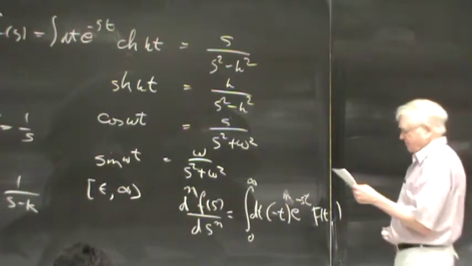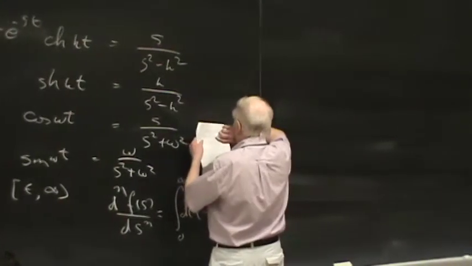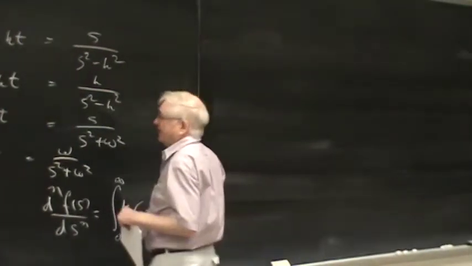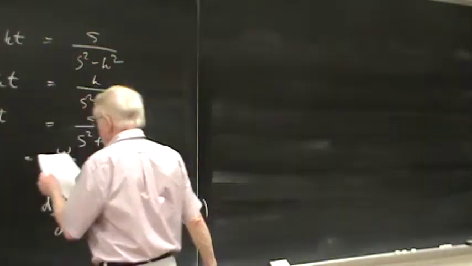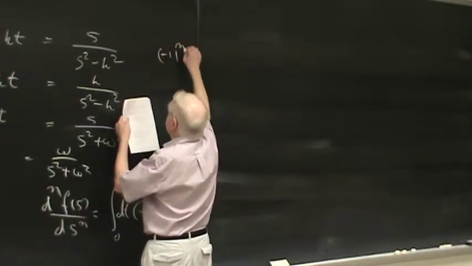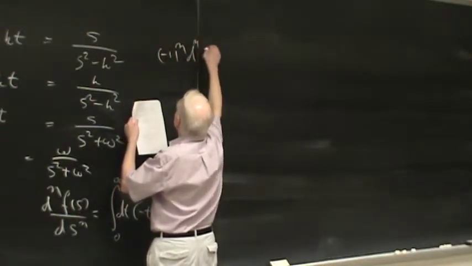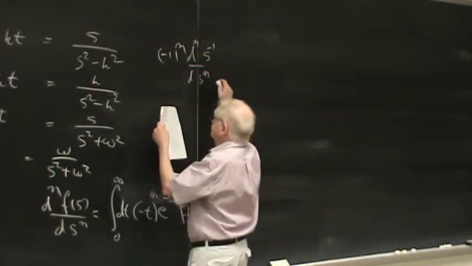So as an example, we can look at the function, this case that you were talking about, and we can say minus 1 to the n, d^n of s inverse over ds^n.